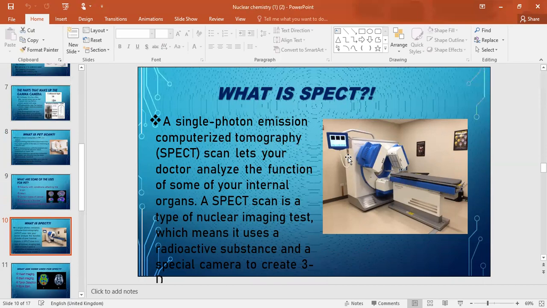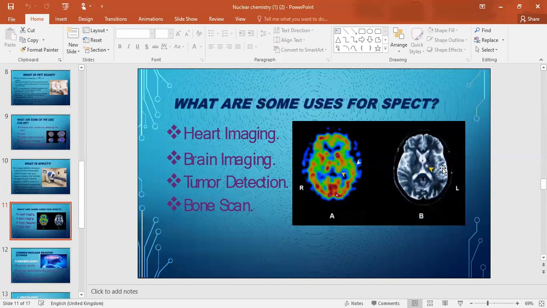A single photon emission computerized tomography scan is a type of nuclear imaging test, which means it uses a radioactive substance and a special camera to create 3D pictures. For example, I see this picture. These are the 3D pictures, and uses include heart imaging, brain imaging, tumor detection and bone scan.